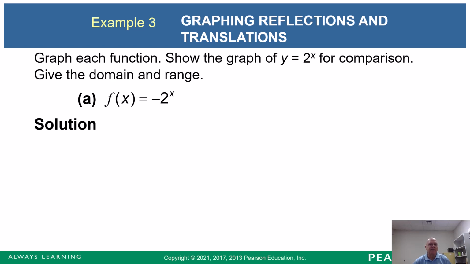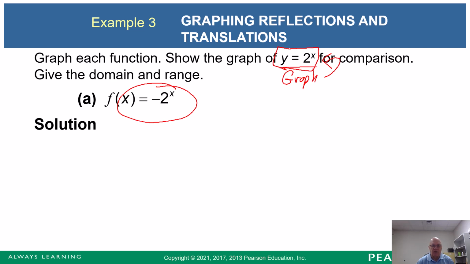Take a look at this. Show the graph of this. Here's where it would be a good idea to pause, grab your calculator, graph this function, and at the same time graph this function. Remember, they're just a little bit different, but I want you to see the difference between those two.